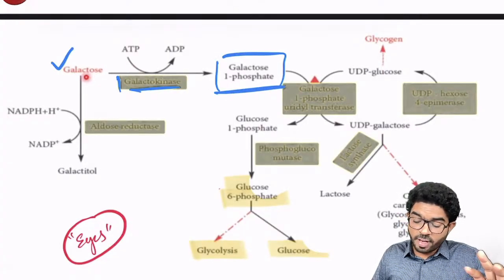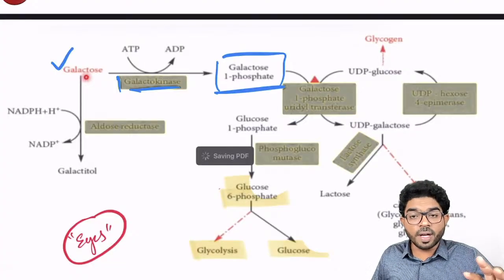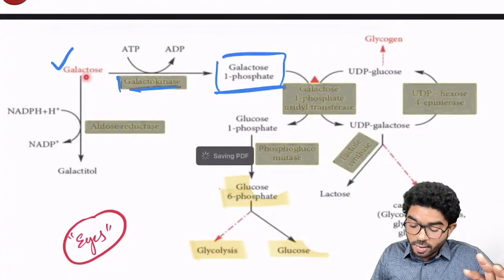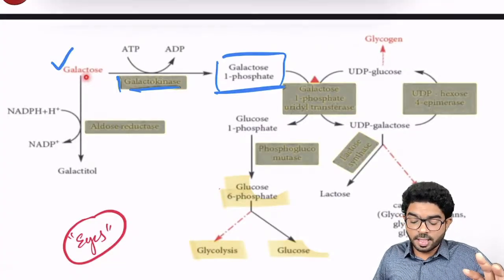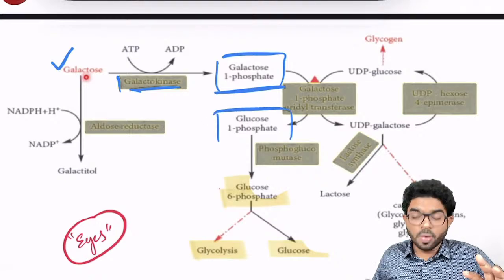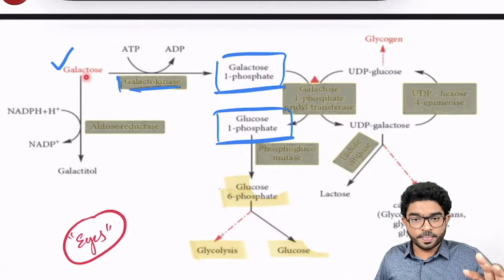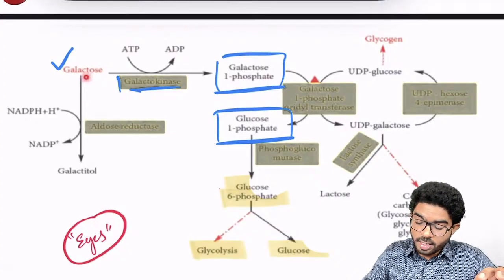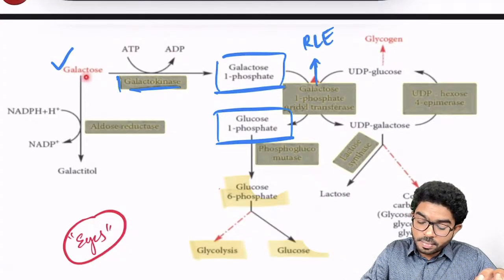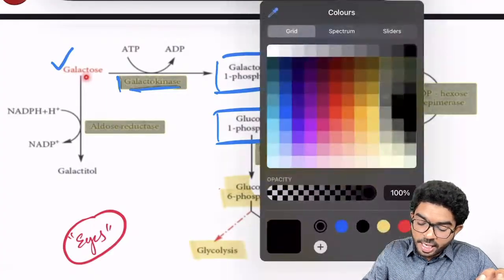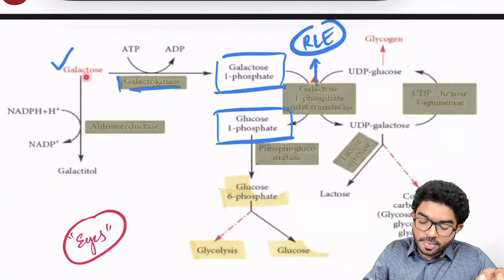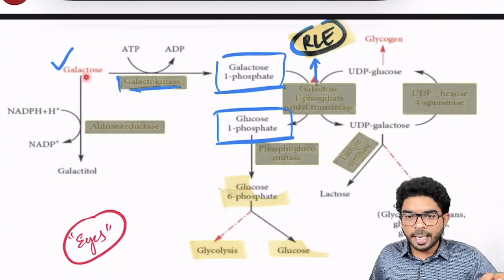And galactose 1-phosphate, in the presence of galactose 1-phosphate uridyl transferase, is going to give you glucose 1-phosphate. So this enzyme is called the rate limiting enzyme. In every reaction, rate limiting enzymes are the areas where most of your questions will be moving around. So you should be very clear about the rate limiting enzyme.